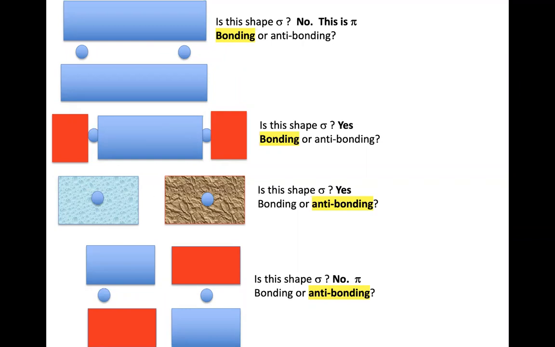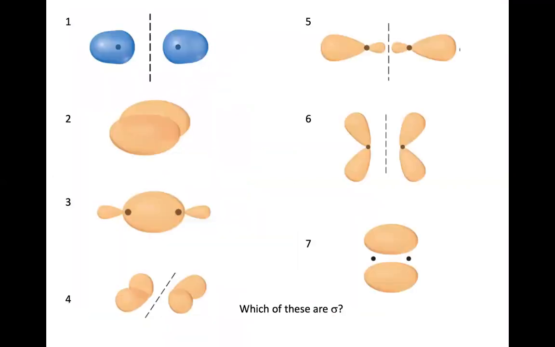Let's see how these same patterns show up in the same designation with the molecular orbitals shown in the book. Here's an image of those. I grabbed different ones from the e-text. The same kind of analysis based on their shape, we're going to do the same thing. That same designation, if it's sigma or pi, bonding, anti-bonding, let's give that a try.